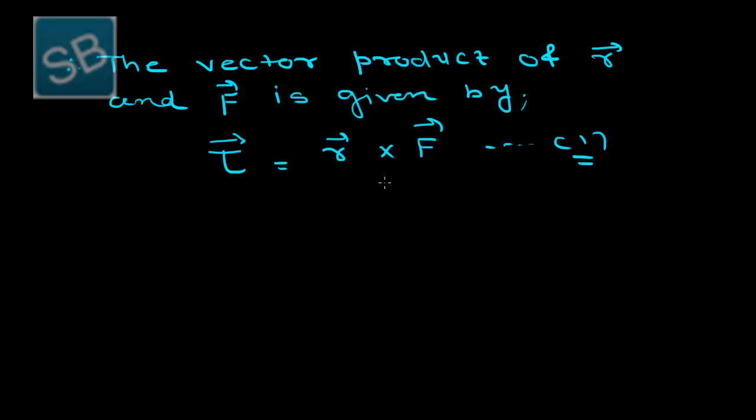Now as per the law of cross product, I can write this simply as tau is equal to r F sine theta. So with only the help of magnitude, I can write this equation.